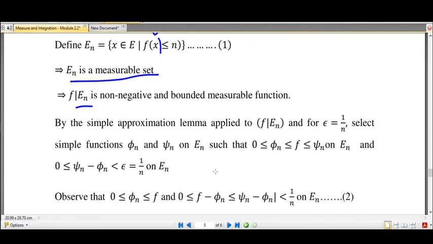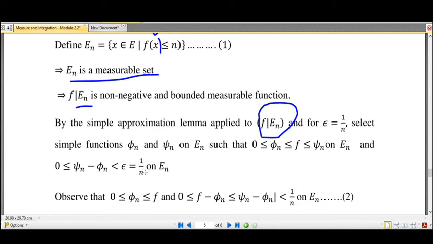We apply the simple approximation theorem onto f restricted to En, and we choose epsilon as 1 by n and select the simple functions phi n and psi n on En, with phi n greater than or equal to 0, which is less than or equal to f, which is less than or equal to psi n on En, and psi n minus phi n is greater than or equal to 0, which is less than epsilon.